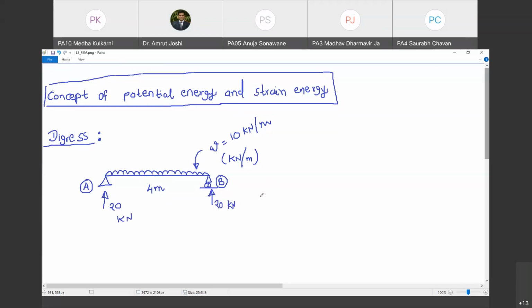No, what did I ask you to find? What was the focus? Did I ask you to draw SFD and BMD? No, sir. What was the focus? To find out the equation of the deflected shape. Do you agree with me? Okay, sir. Equation of deflected shape.